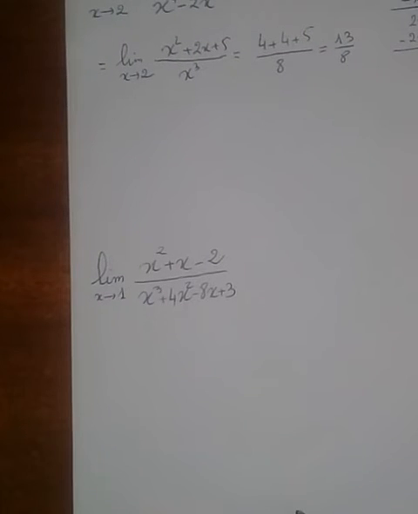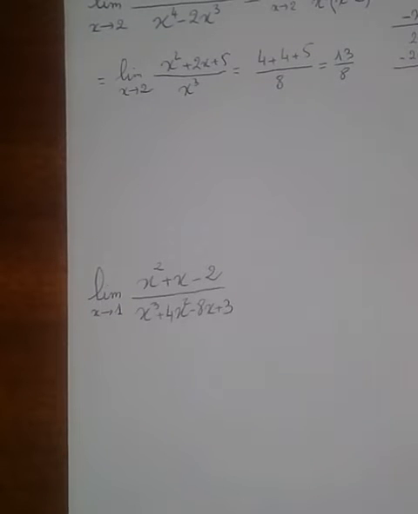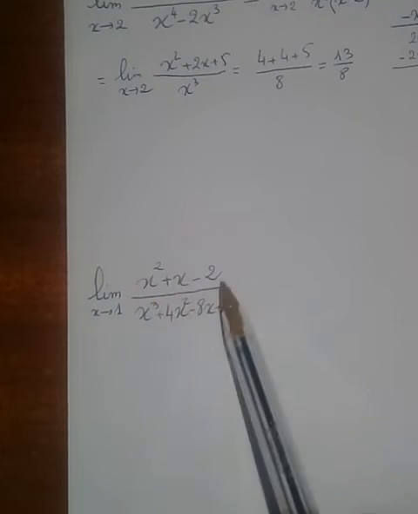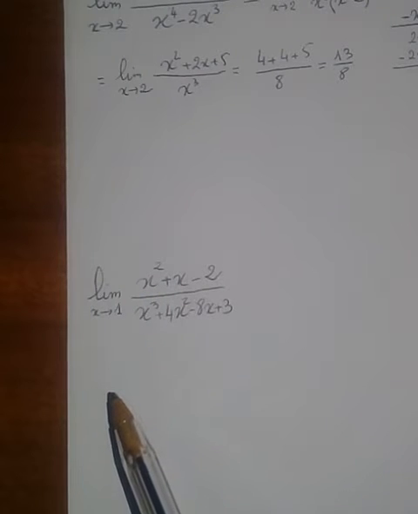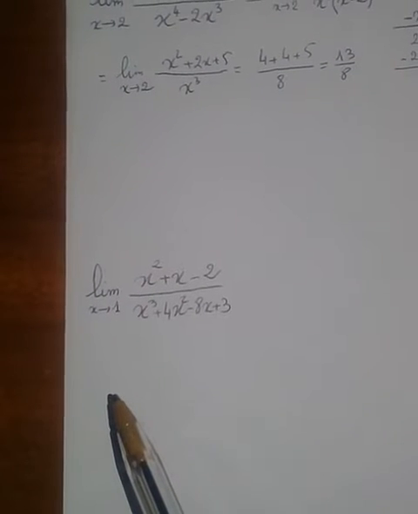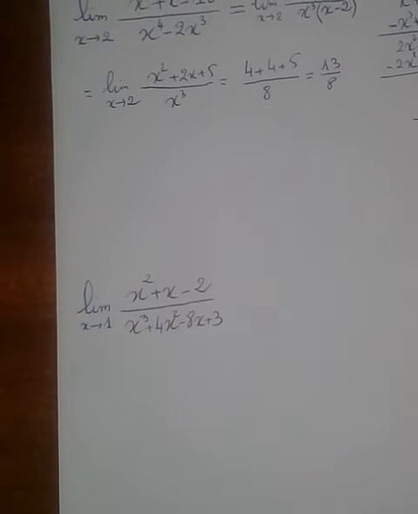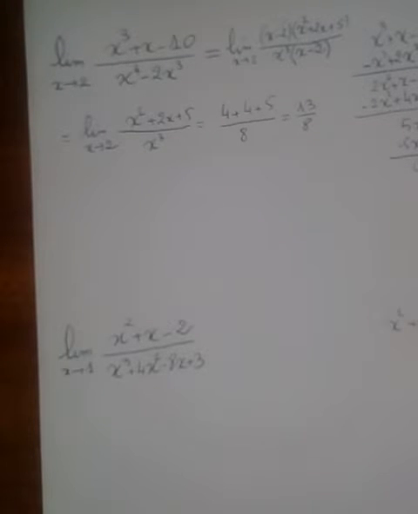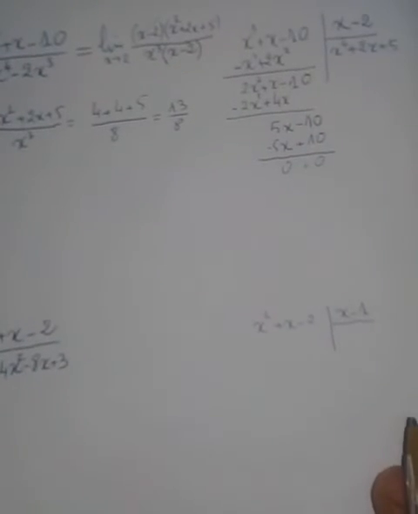So clearly I can divide by x minus 1. I can do this mentally, but this video is also about long division of polynomials, so I'm going to do it again. So x squared plus x minus 2 by x minus 1.